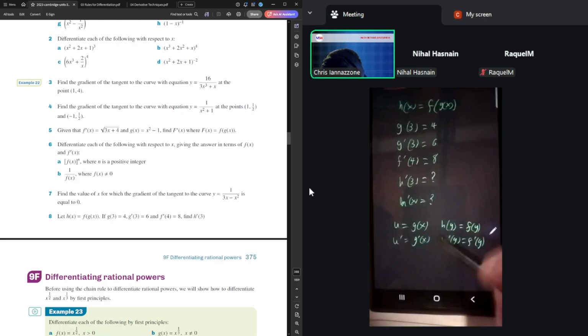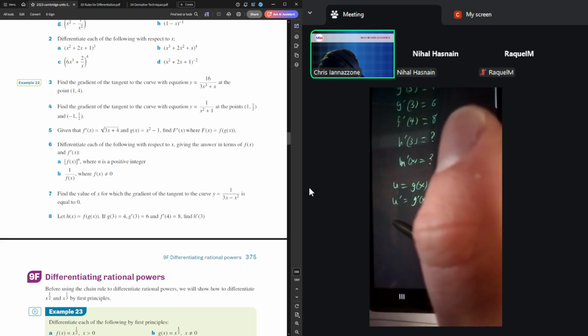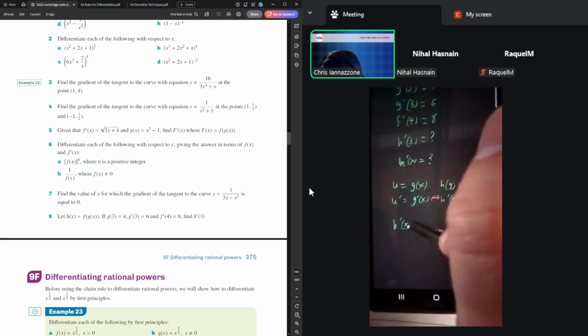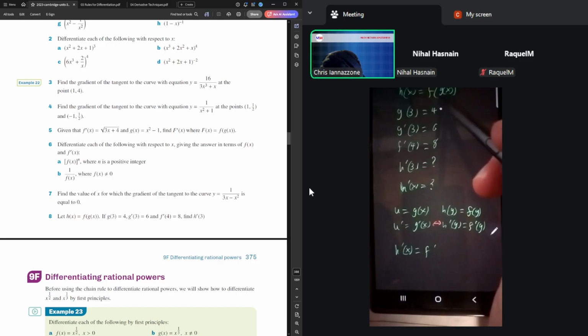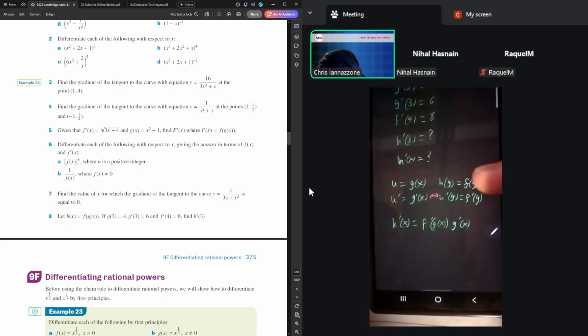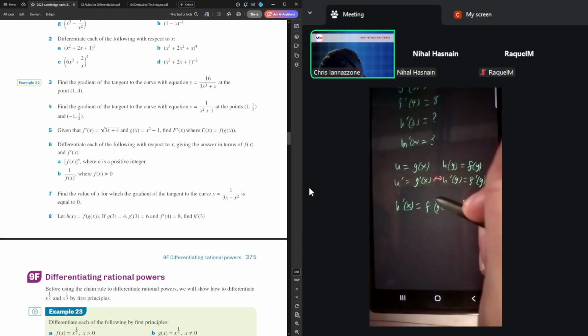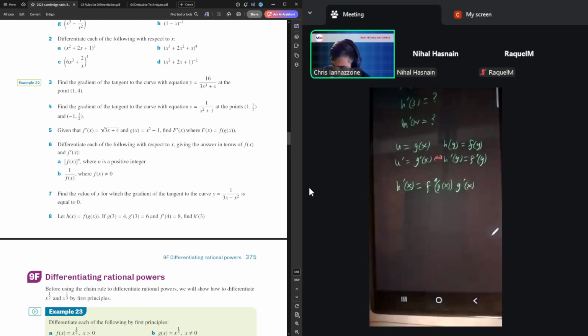So he's just sort of seen ahead and done the entire product at the end of those two things. So finally we had h dash x is now f dash of g of x, and then multiplied by g dash of x. So it looks a bit nasty, but this is technically what you've done in the previous example, just with known functions. That gets us h dash of x.